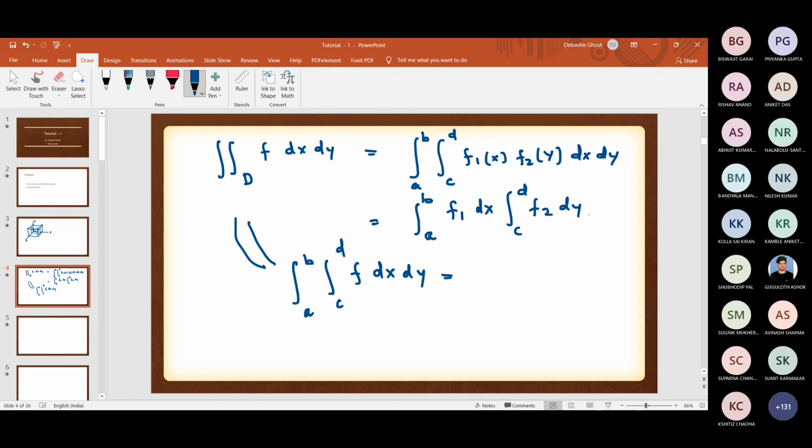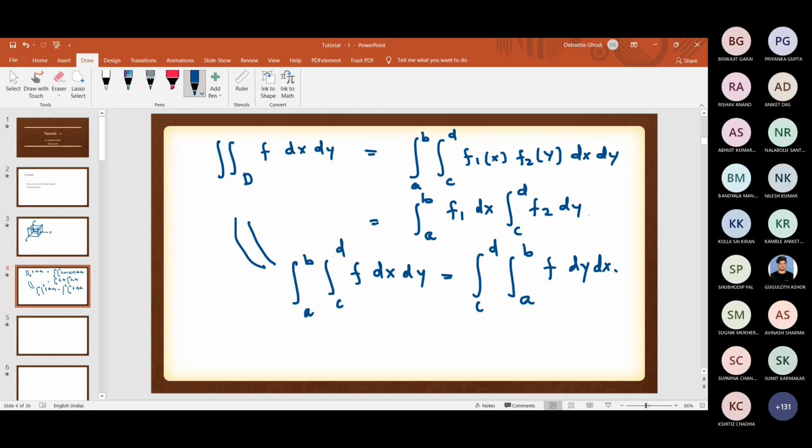We can compute it by changing the order, with limits from c to d, and integration a to b of f dy dx. That is your repeated integral. First we compute with respect to x, then with respect to y.